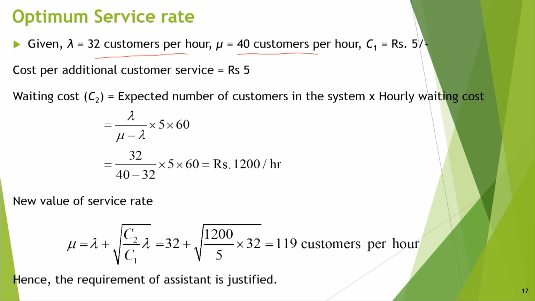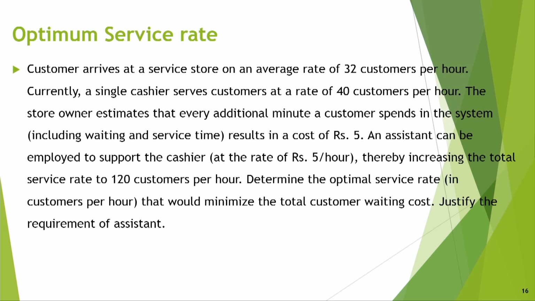So, waiting cost is equal to expected number of customers in the system into hourly waiting rate. The expected number of customers will be lambda by mu minus lambda, into 5, and this is per hour because 5 is per minute.